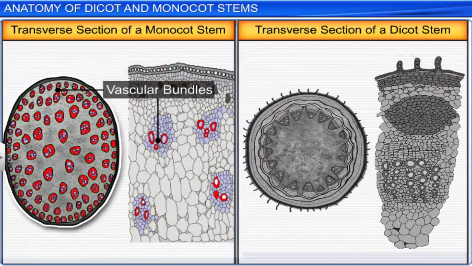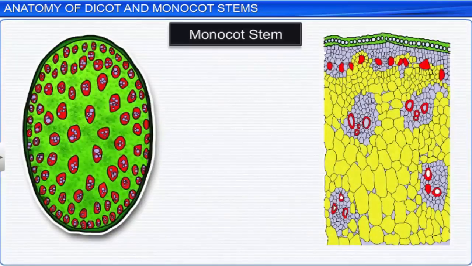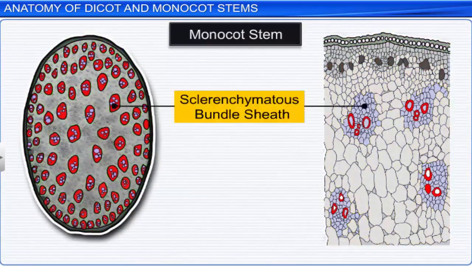Moreover, water-containing cavities are present within the vascular bundles. On the other hand, in a dicot stem, the vascular bundles are arranged in a ring as conjoint and open. In a monocot stem, each vascular bundle is surrounded by a sclerenchymatous bundle sheath and a parenchymatous ground tissue.